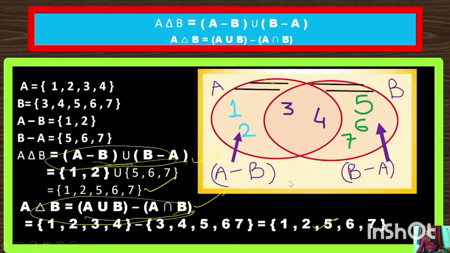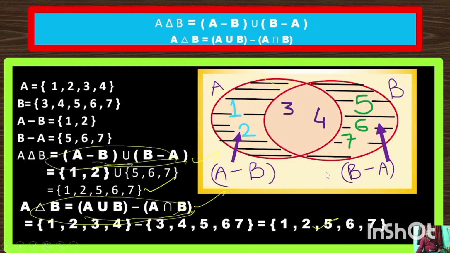Then you see the shaded portion of A difference B and B difference A. By taking the elements of A difference B and B difference A, we can find the symmetric difference of the two sets A and B, which is clearly understood with the help of the Venn diagram.